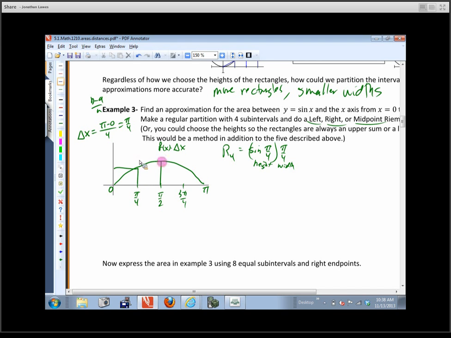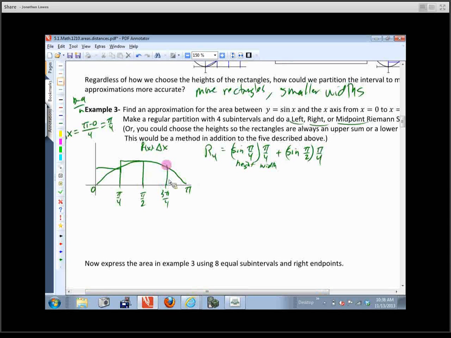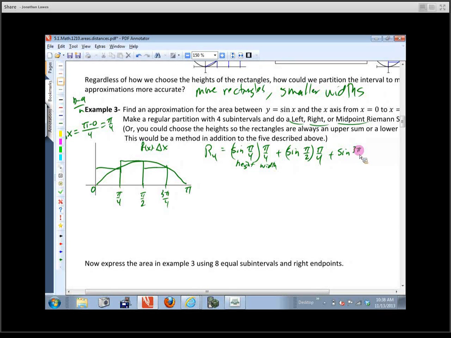So this is going to be the function value, which is the sine of pi halves, times the width, which is pi fourths. Same thing here, right endpoint. So that's going to be the sine of 3 pi fourths.